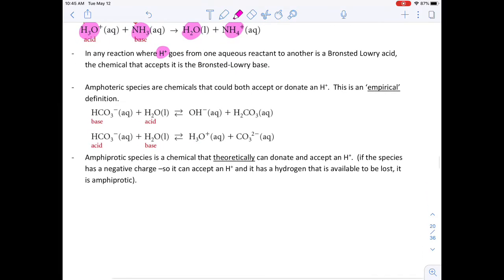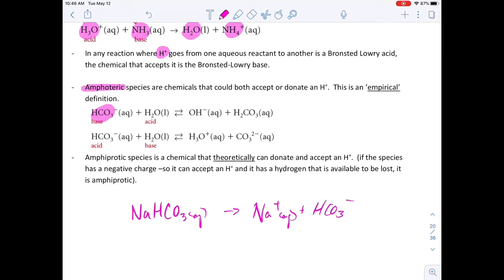Now there are some chemicals that are called amphoteric. Amphoteric means experimentally it can act as an acid or a base. If you take hydrogen carbonate ion, which you would get from something like sodium hydrogen carbonate, aq, all of that becomes sodium ions in solution and hydrogen carbonate. That hydrogen carbonate, if it's in water, can act as a base because it's going to accept a hydrogen.